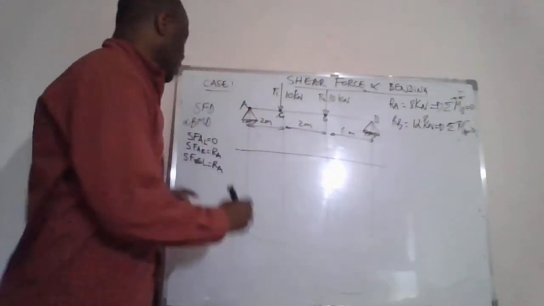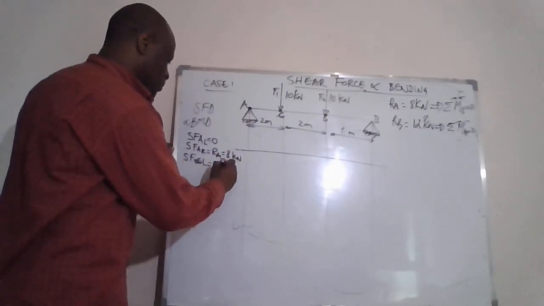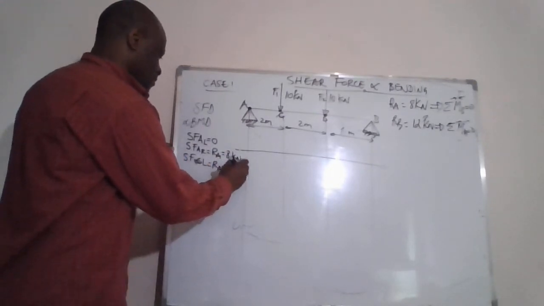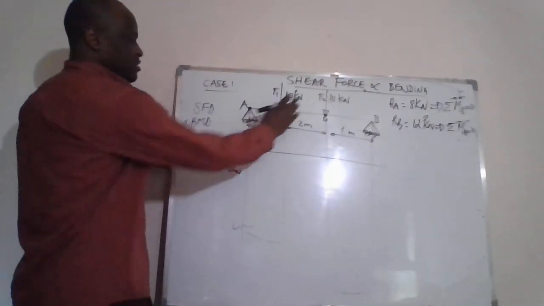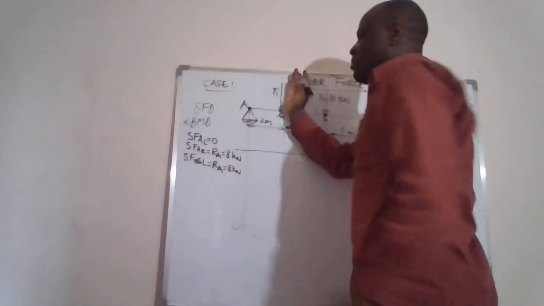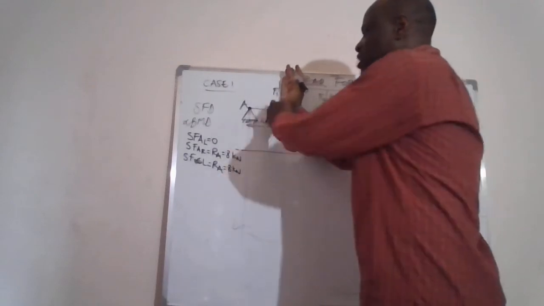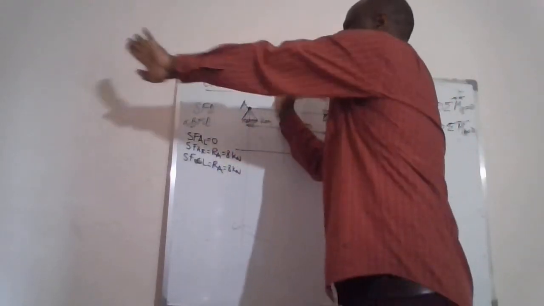Everybody knows how to calculate the reaction, and everybody should be able to do it properly. Now, the left of C, how many forces are remaining? The algebraic sum of forces that are remaining is just the one force, the reaction.